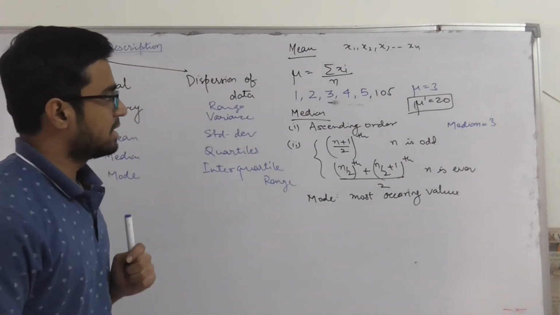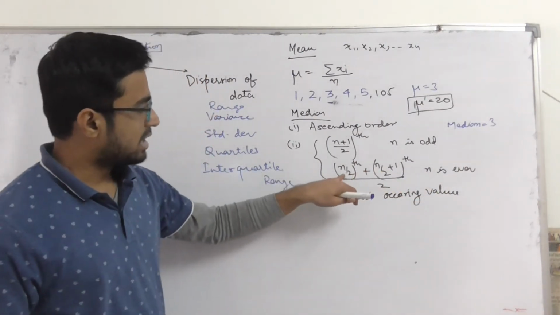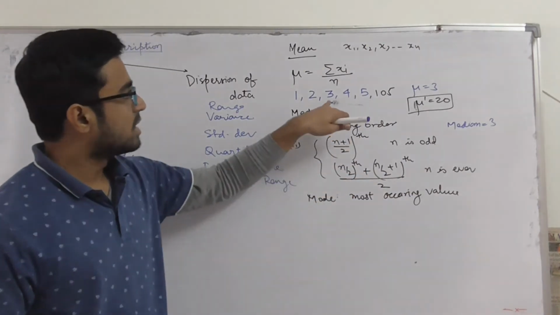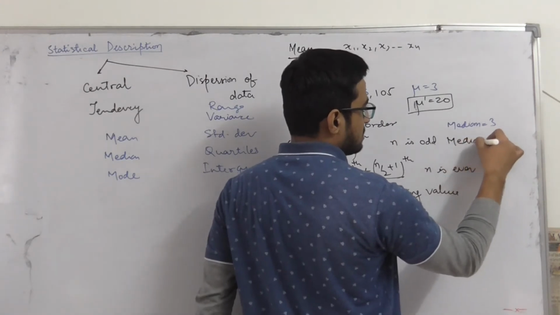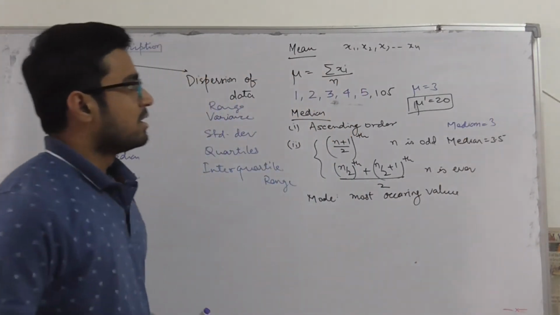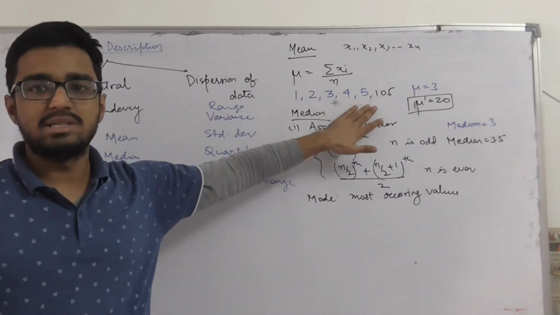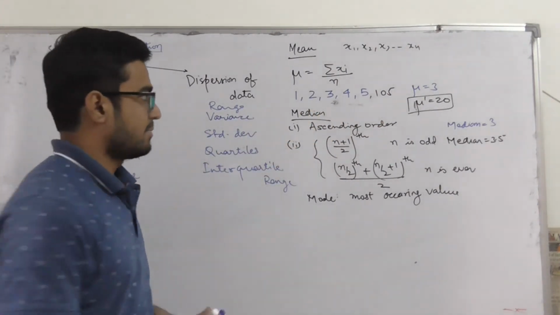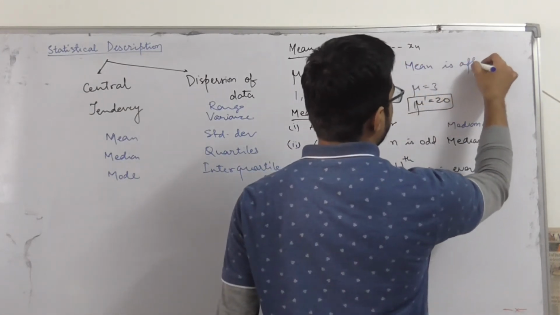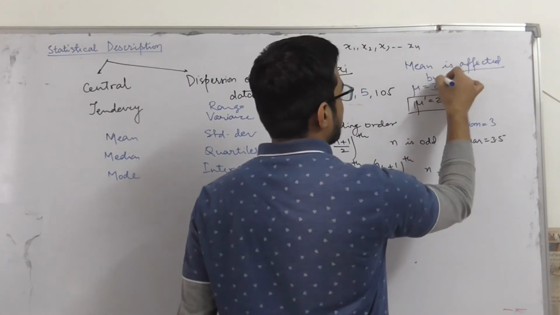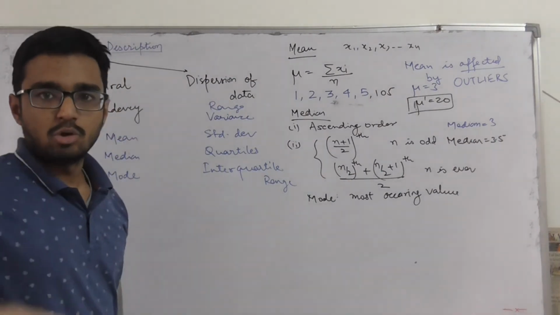For the median, n is even now because we have 6 terms, so we take the third term plus the fourth term divided by 2, that is 3.5. So the new median is 3.5. I can say that the mean is greatly affected by any outlier present, and the median is robust to the outlier. This is an important statement: the mean is affected by outliers, while the median is robust to outliers.